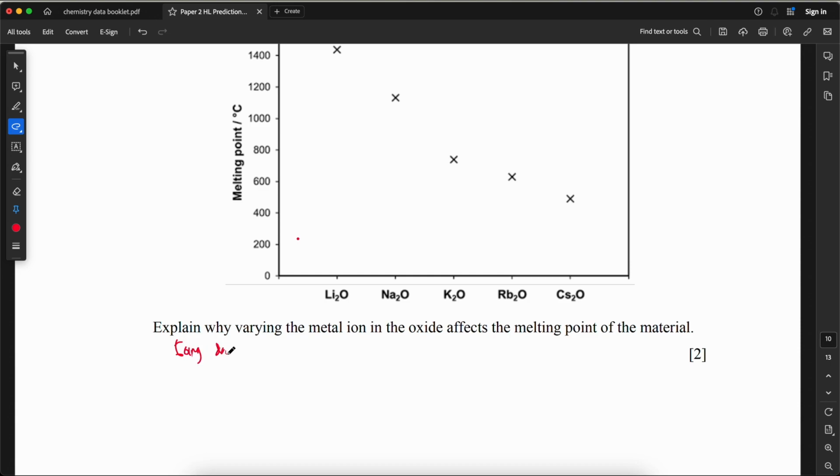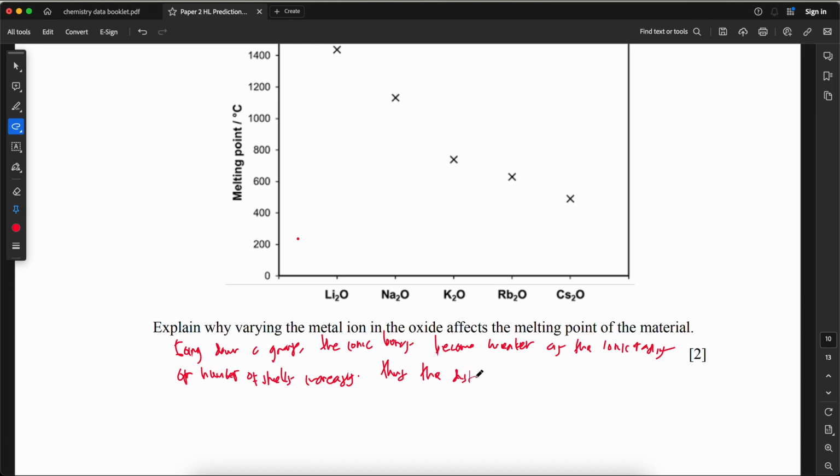Going down a group, the ionic bonds become weaker as the ionic radius or number of shells increases.